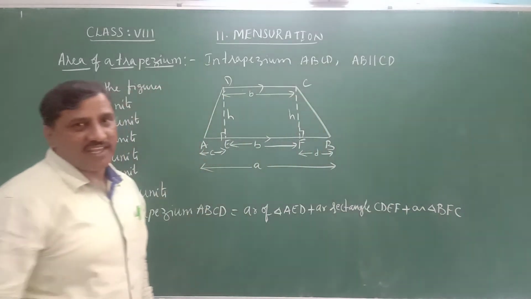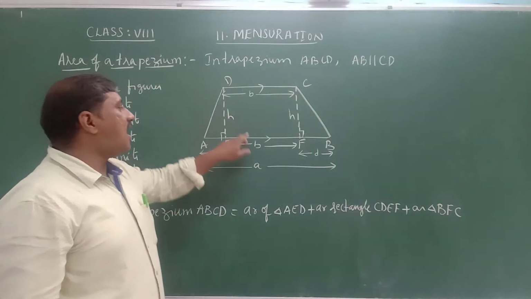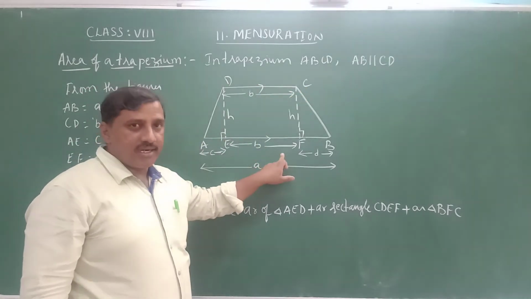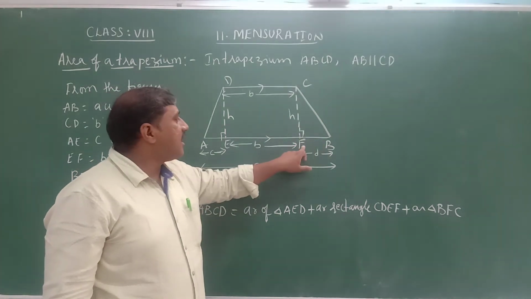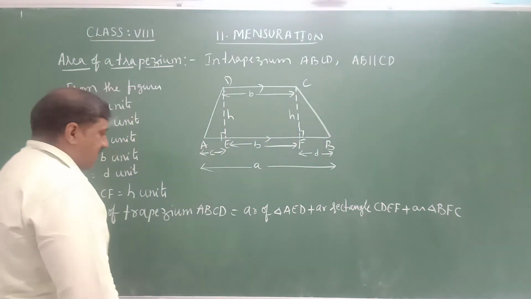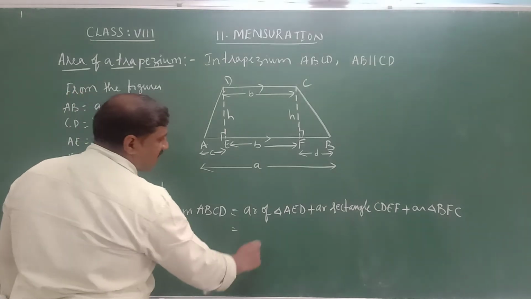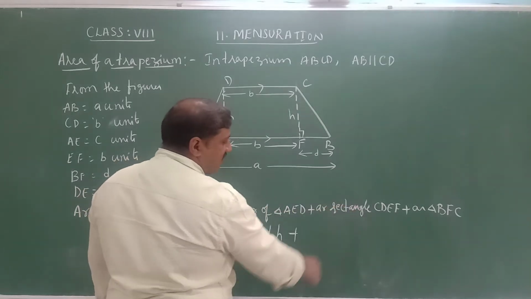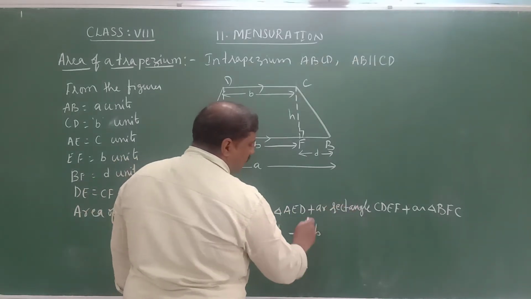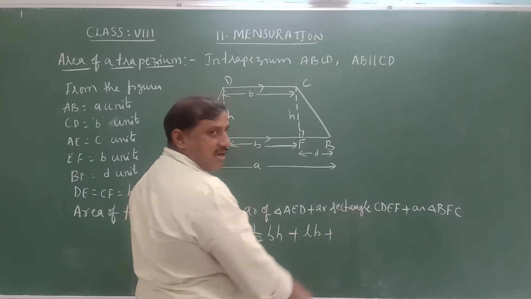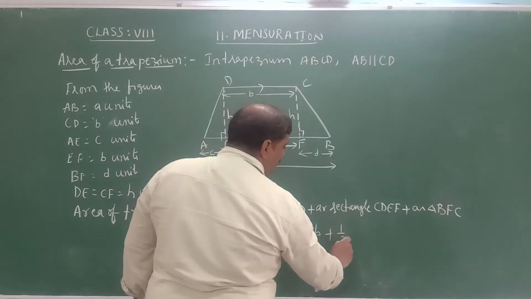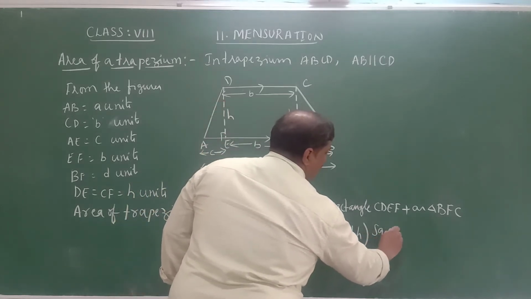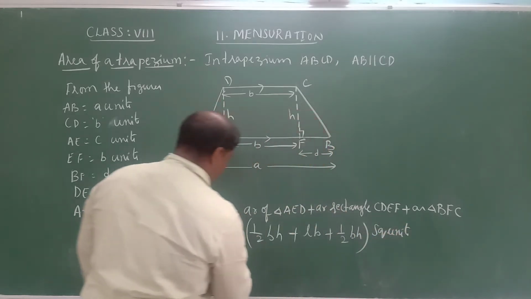Now what is the formula to find area of a triangle? It is half into base into height, plus area of rectangle is equal to length into breadth or width, plus area of triangle is equal to, again, half into base into height. Square units.